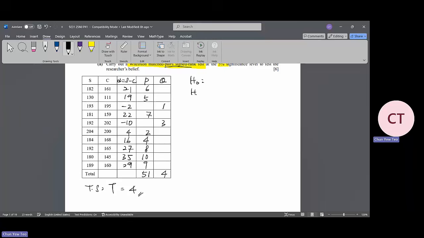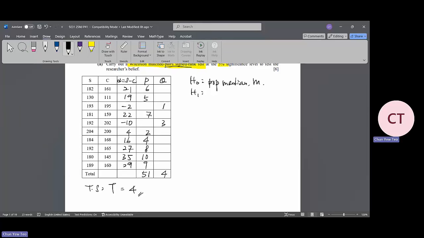The null hypothesis and the alternative hypothesis, we just say that the population median MS is equal to the MC.